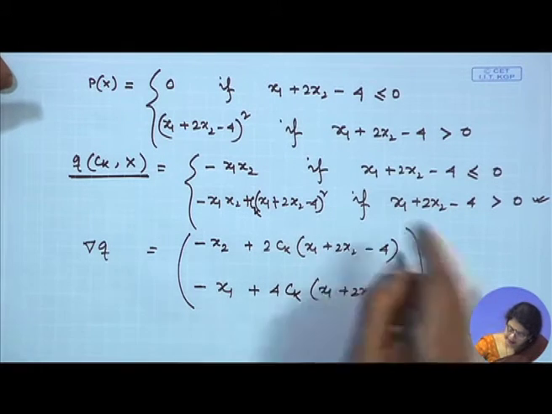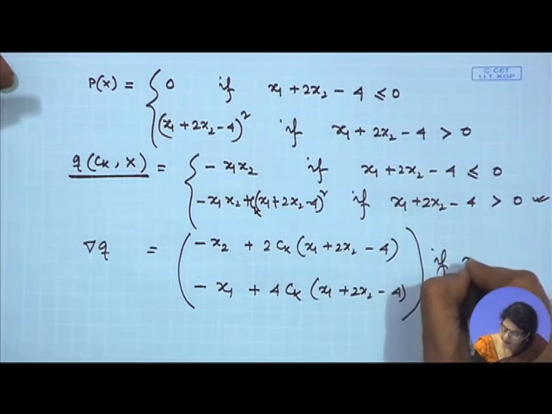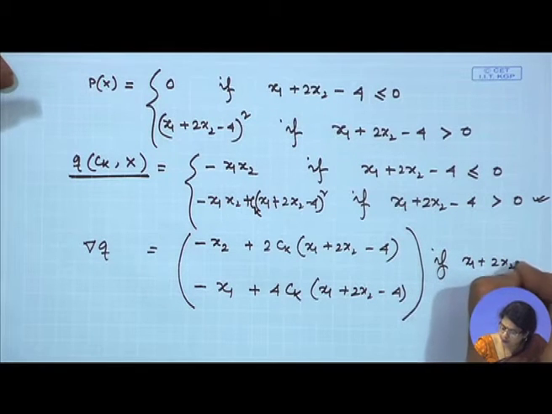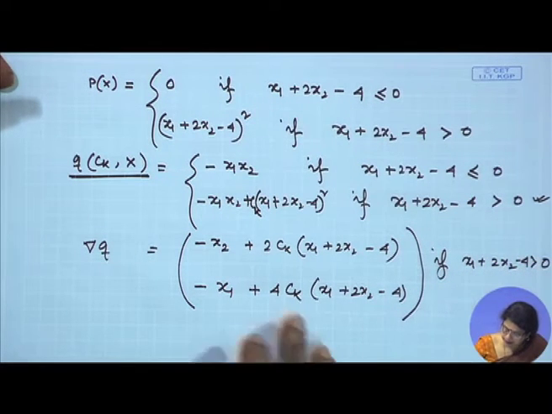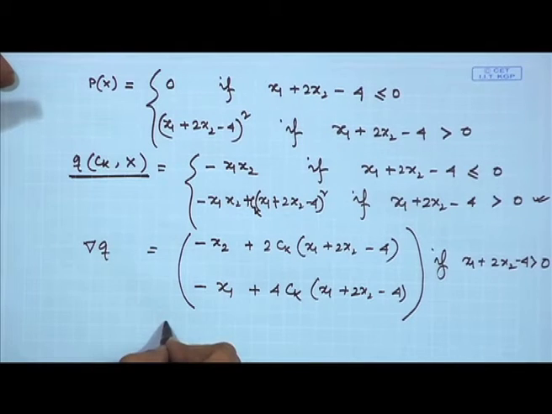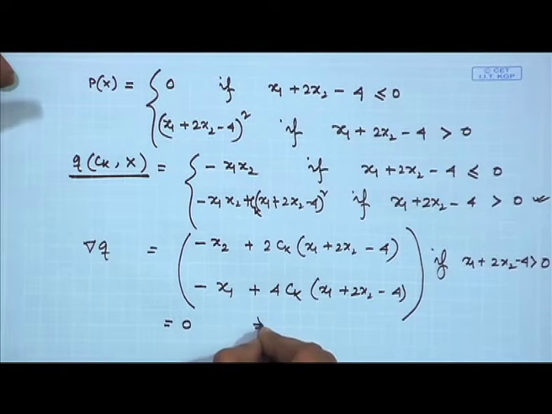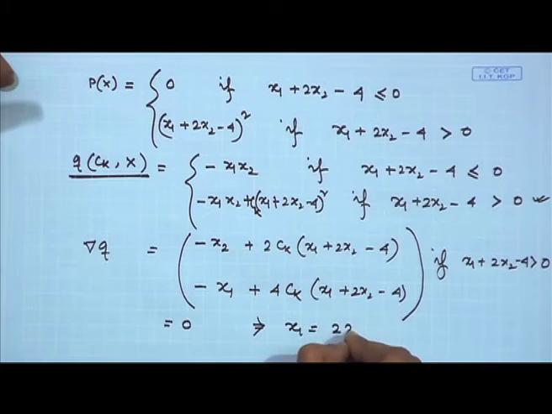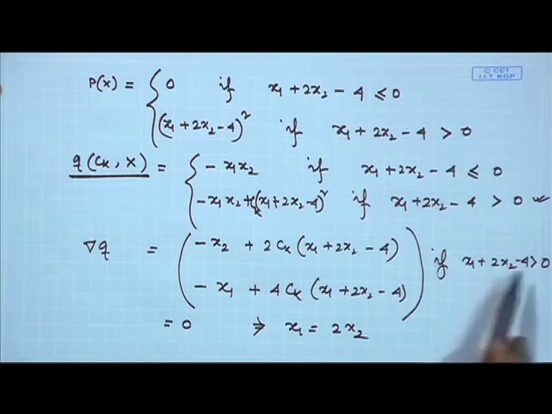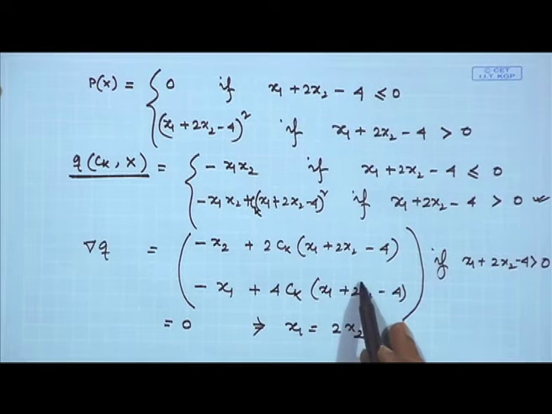Now, this is the case if x1 plus 2 x2 minus 4 is greater than 0. Now, the gradient must be equal to 0. If the gradient is equal to 0, we get the condition that x1 must be equal to 2x2, because this value is greater than 0.